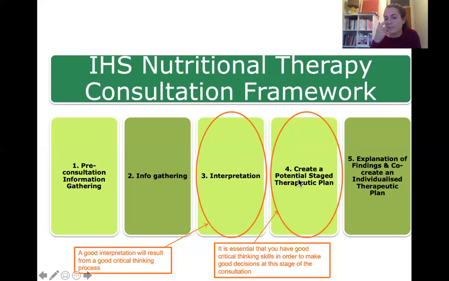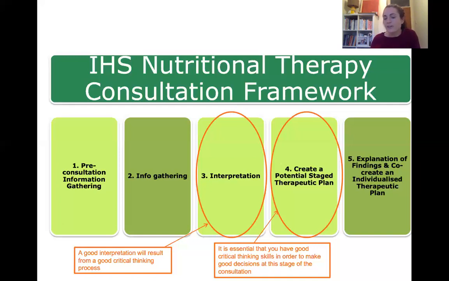It's also important to have good critical thinking skills when you are looking at developing a staged therapeutic plan. A staged therapeutic plan outlines how you might work with the client over 3 or 4 consultations, and how you might approach supporting them with specific tests, nutraceuticals, functional foods, and lifestyle recommendations.